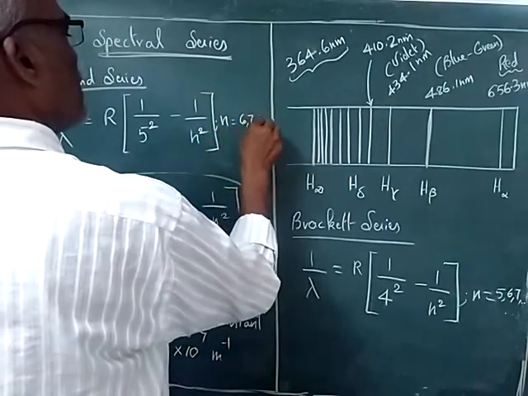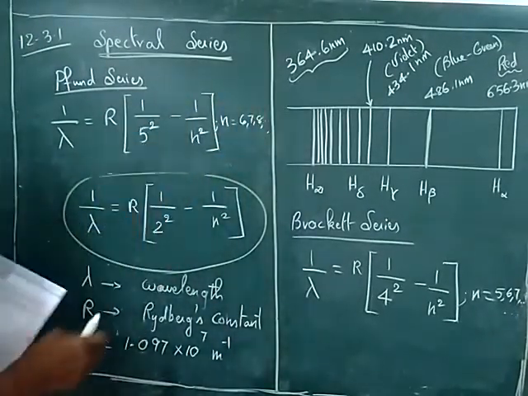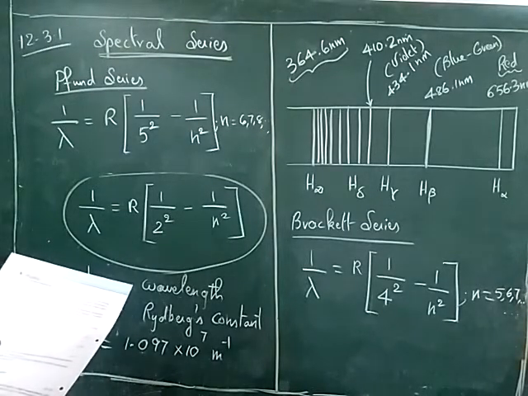Since this is 5, the n value starts from 6, 7, 8 and keeps on going up to infinity.